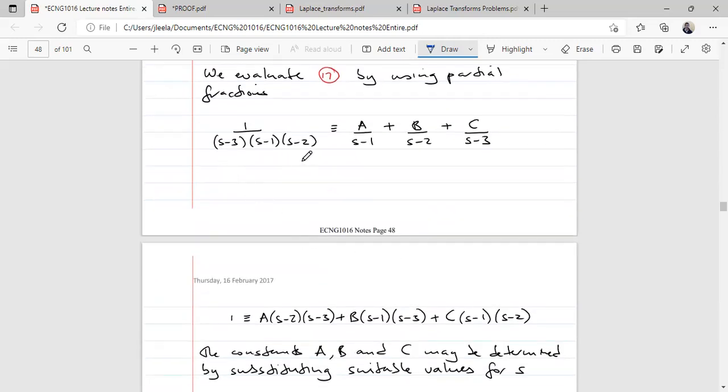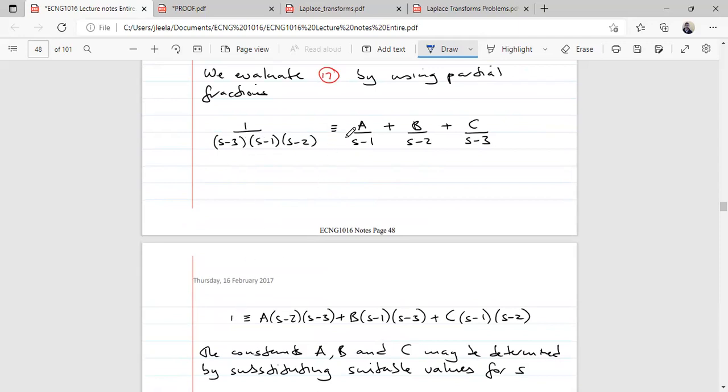And now what you do here, in order to find your constants, you multiply throughout this entire equation by s minus 1, s minus 2, and s minus 3. So of course, if you multiply the left hand side by s minus 3, s minus 2, s minus 1, it will cancel. And you will just get 1 on the left hand side.